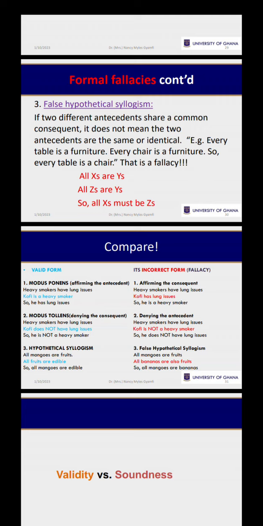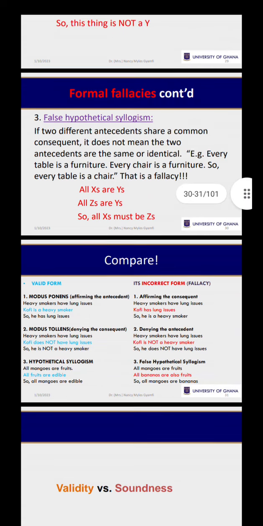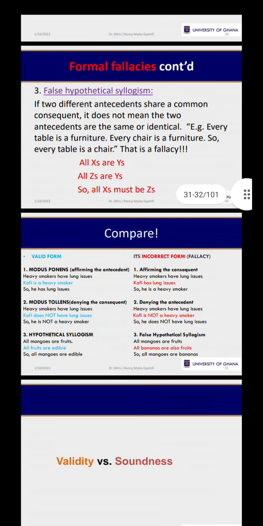Example: every table is a furniture. So the table is the antecedent, and the furniture is the consequent. And then we say that every chair is a furniture. So the chair becomes the C, right?